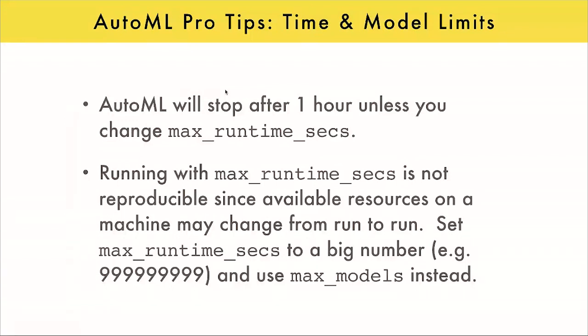So if it was able to do X number of models in one case, if you give it an hour a second time, it might be able to do more models or fewer models depending on the resources of the machine at the time. So if you want reproducibility, use max models and a seed.